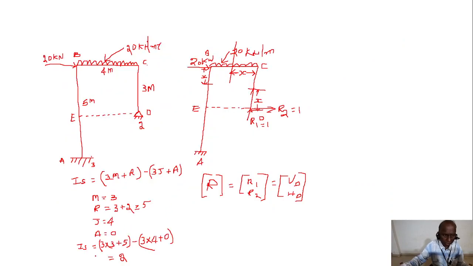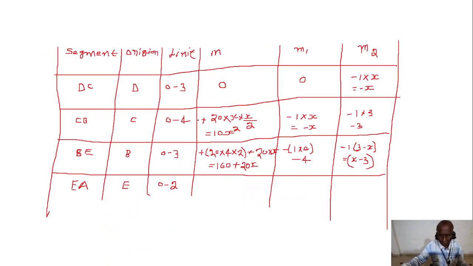Now you will find the moments at some distance X from E. First load: 20 into 4 into 2 plus 20 into 3 plus X. 20 into 4 into 2 is 160, so 160 plus 20 into 3 plus X. This is the moment due to external load.